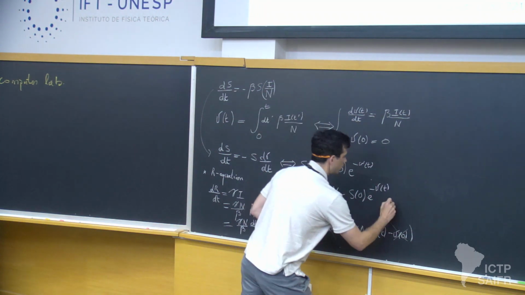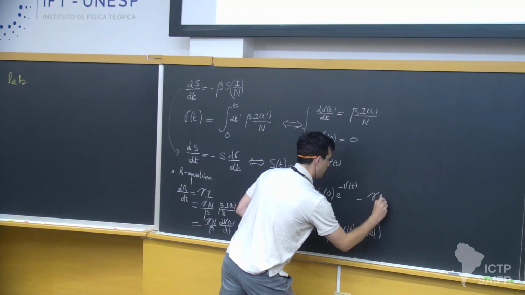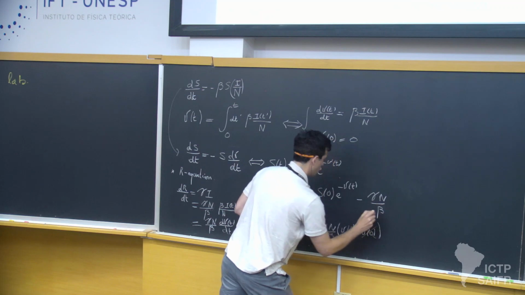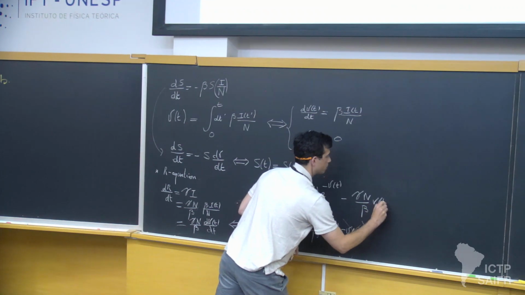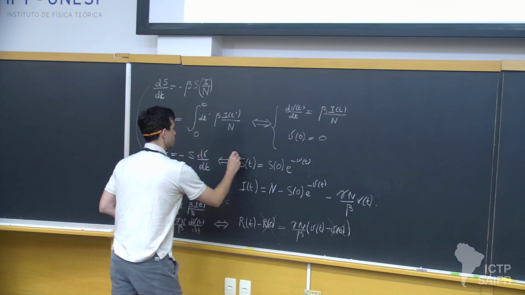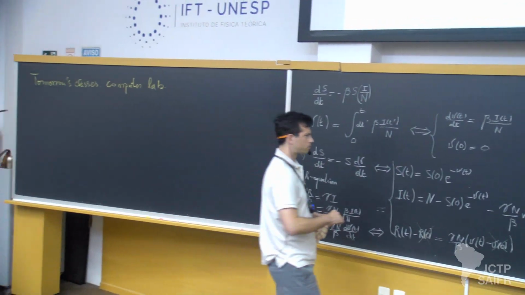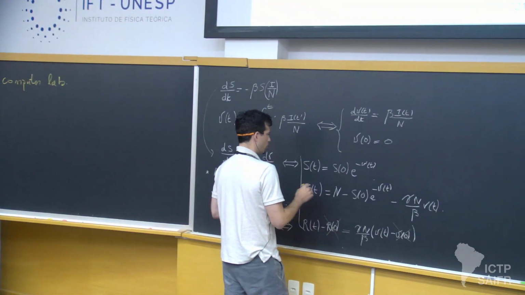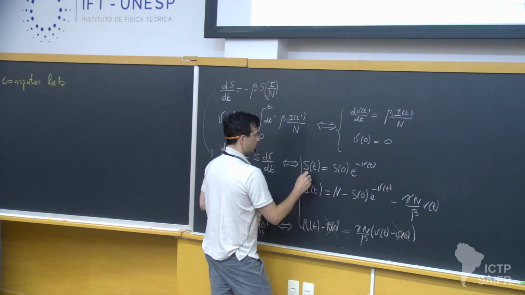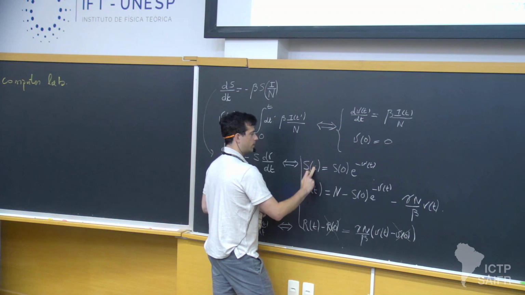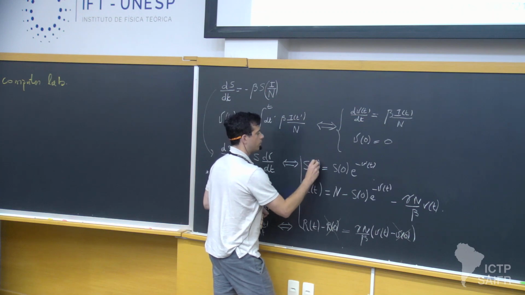And then minus R, it's minus gamma times N over beta times nu of t. Why did we do that? If I'm going to delete for a moment time, so I can say S is a function of nu.